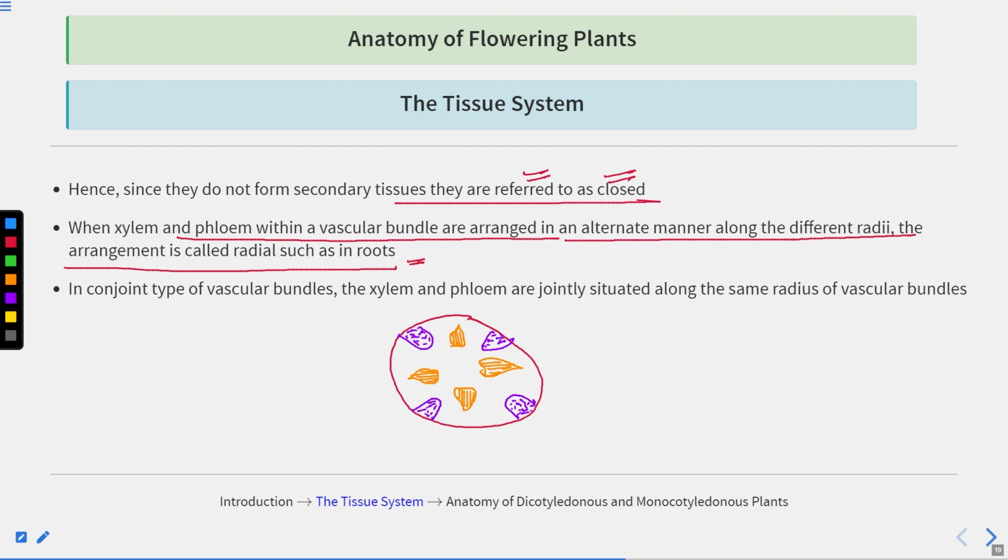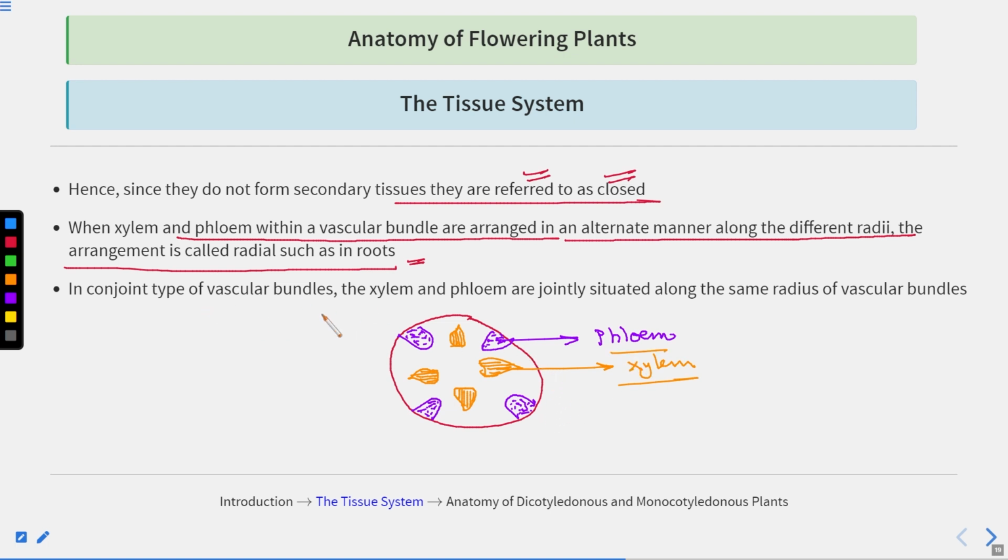This is the phloem part. So this is the phloem, and this is the xylem. This is the xylem, right?